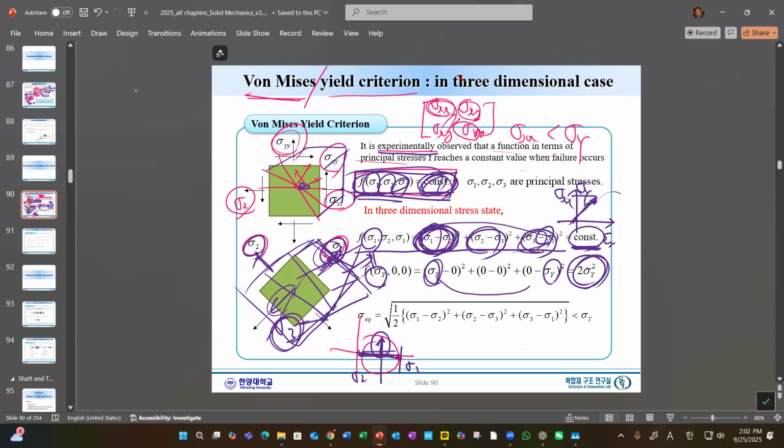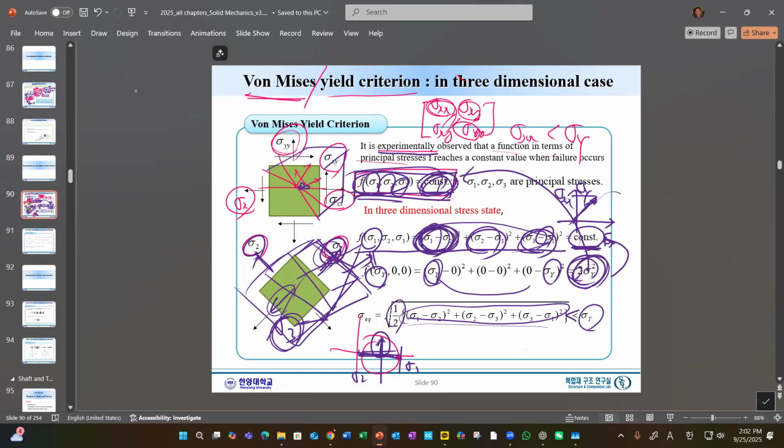And then this one we put here, and with a little bit of manipulation, we have this principal stress expression divided by 2, and the root has to be less than sigma y.